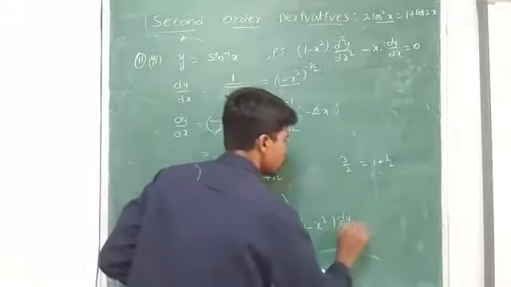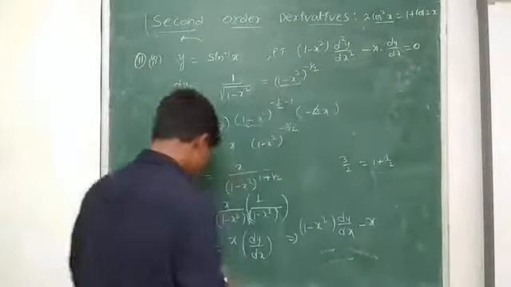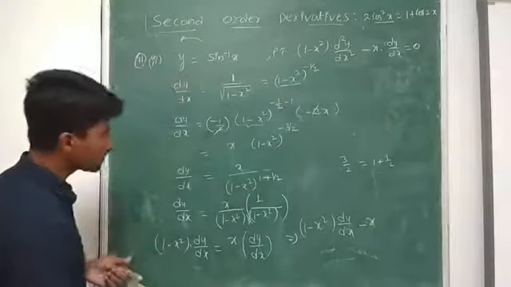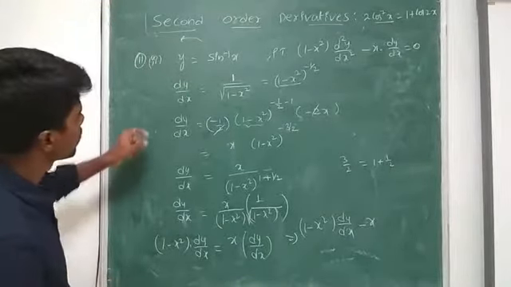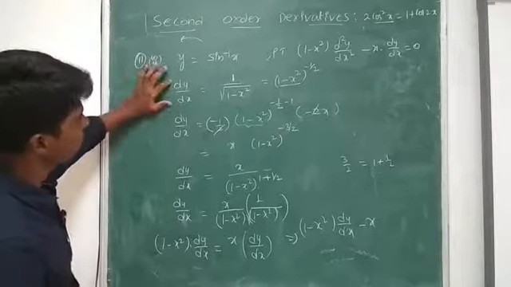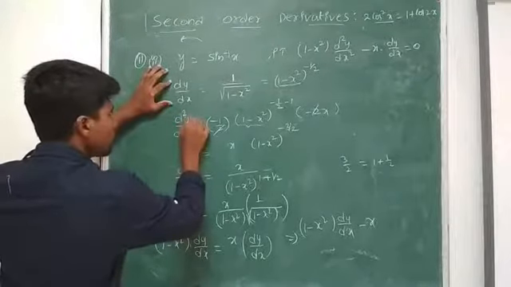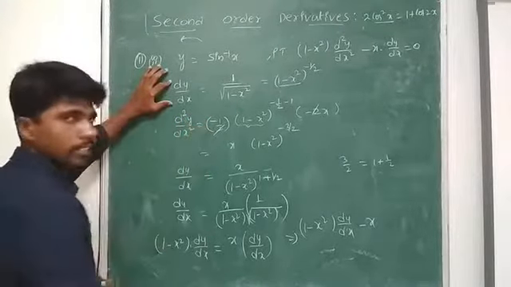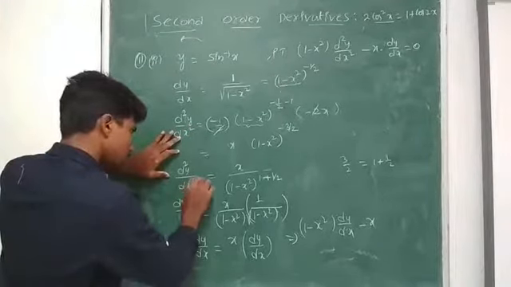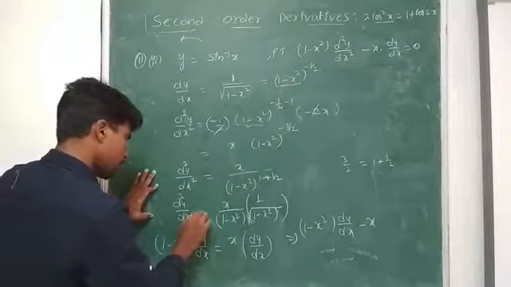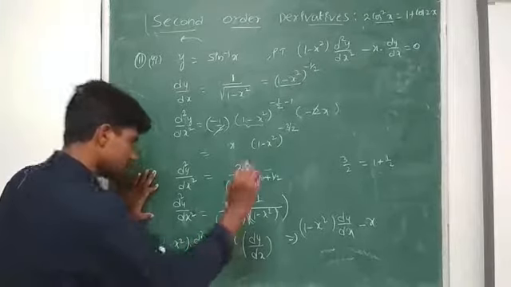(1 minus x square) into dy by dx minus x into y. It's not dy by dx, I hope so. We found again its derivative, nothing but d square y by dx square. So here also same, d square y by dx square.